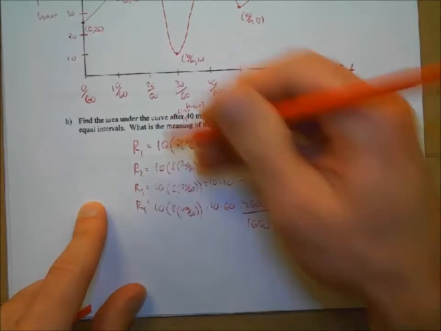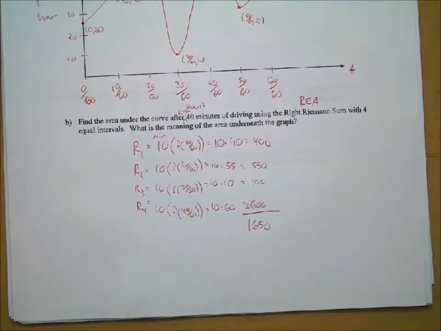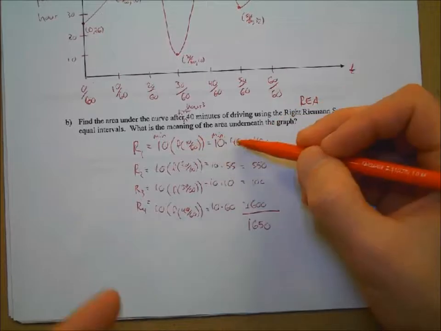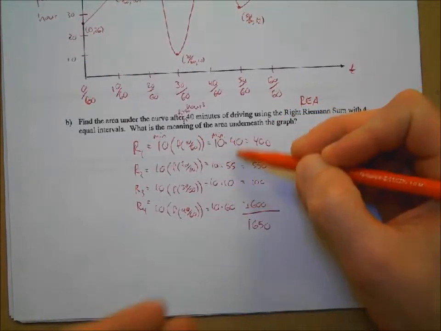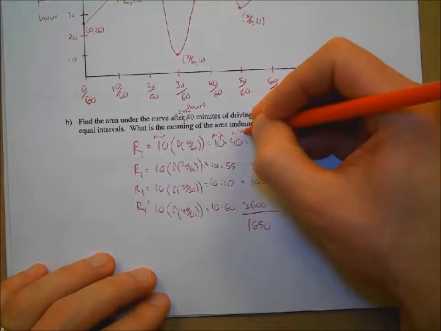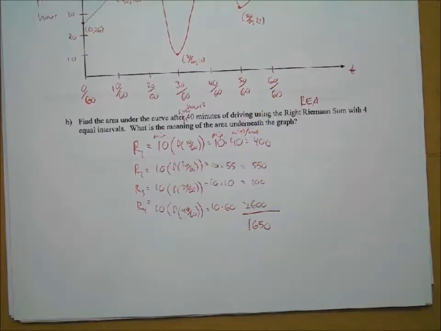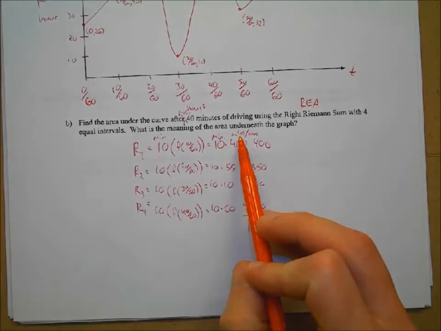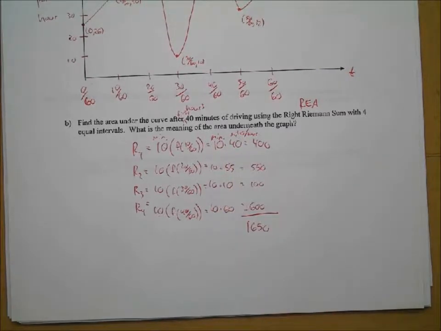Okay, they are minutes. So these are 10 minutes, but then we're multiplying by f of something, but what are these function values? They are in miles per hour. So if we're doing minutes times miles per hour, not the greatest thing here.